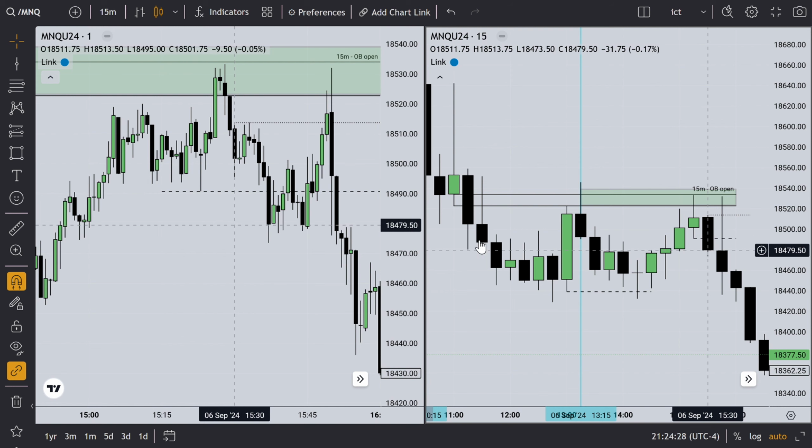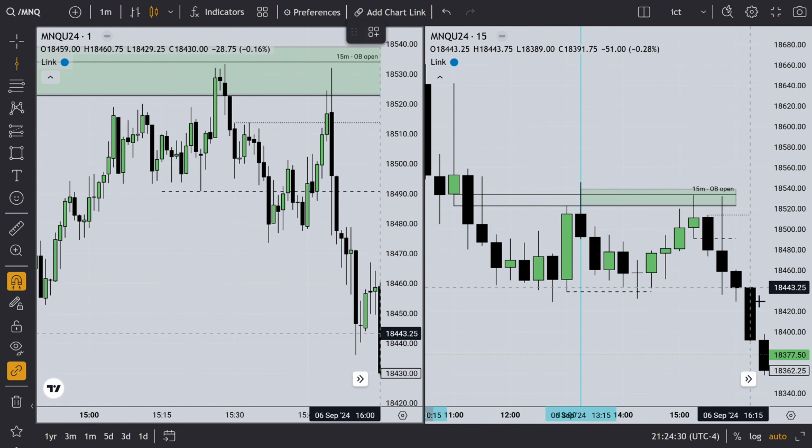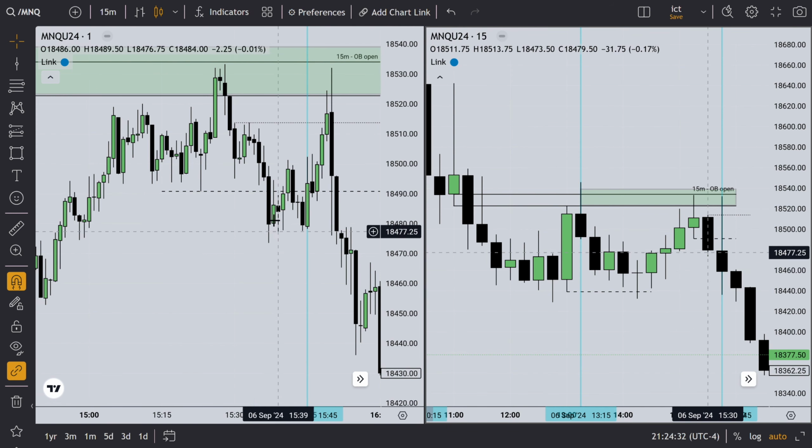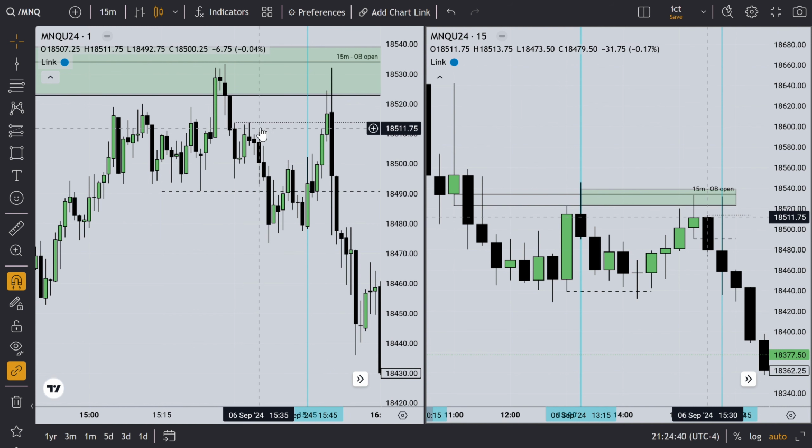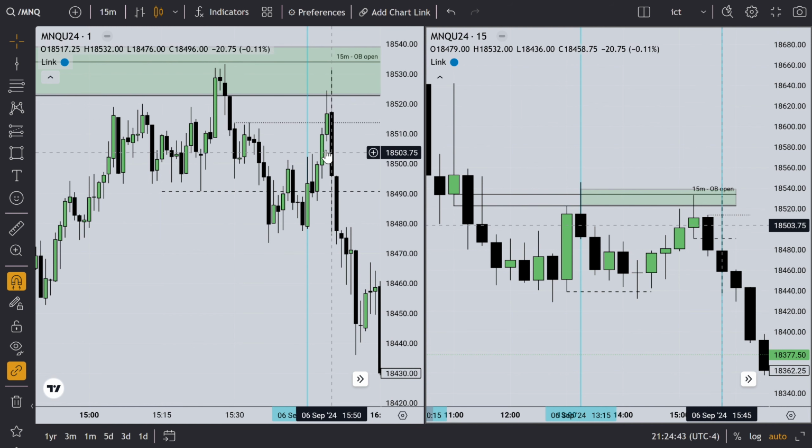And after, so during this candle opens here, trades straight up, sweeps this, trades back down below this, right here.